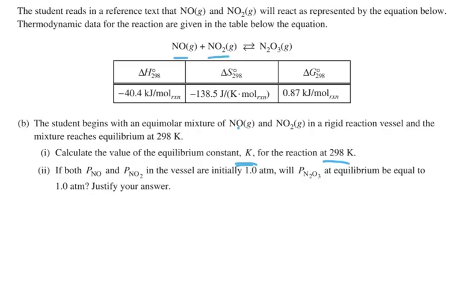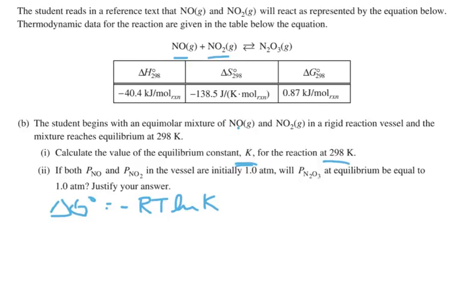So, how can I get an equilibrium constant? Hopefully, the students have learned that there is an equation that relates these two, and the equation is that delta G is equal to negative RT ln K, where K is the equilibrium constant.